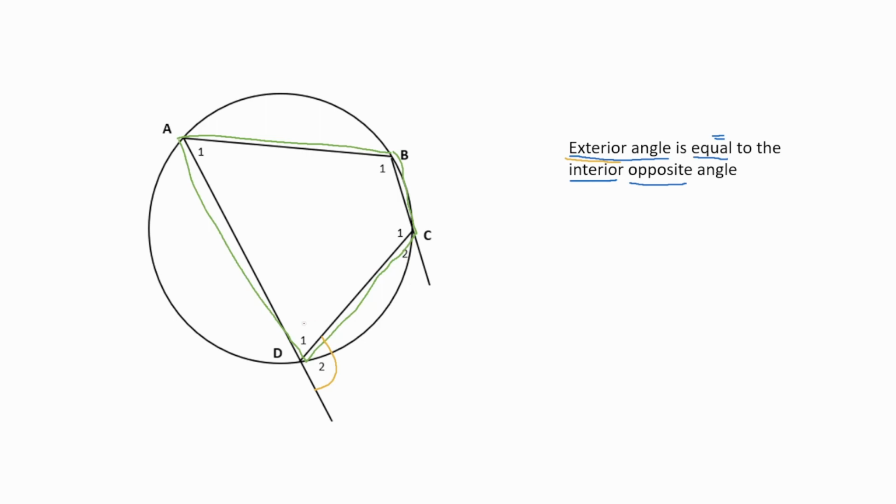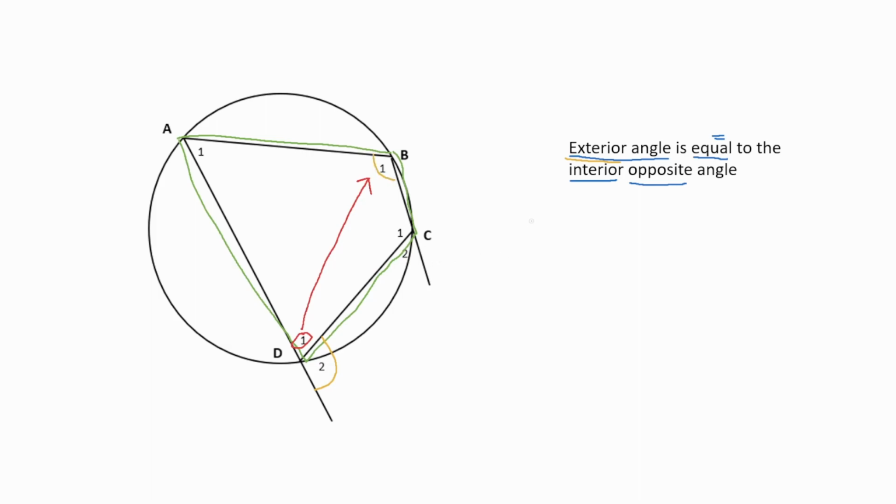So D2 is exterior. And it says our exterior angle is equal to the interior opposite angle. So if we move over and we look at D, what is opposite to D? You'll see that B1 is opposite to D1. So that means that B1 is our interior opposite angle.